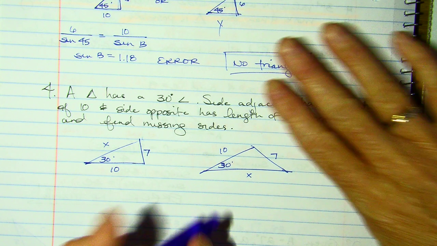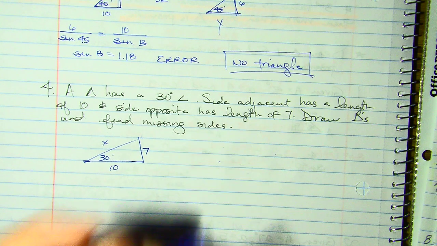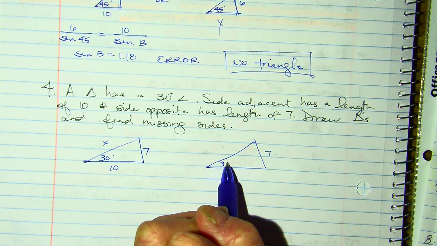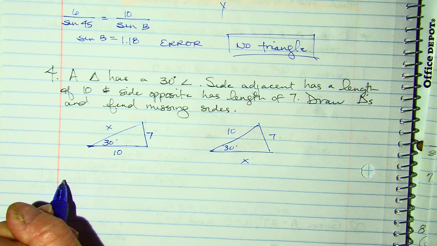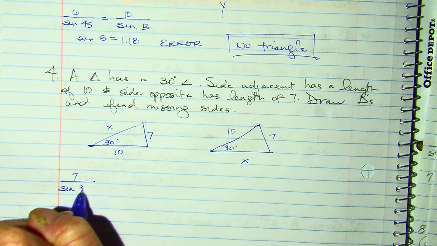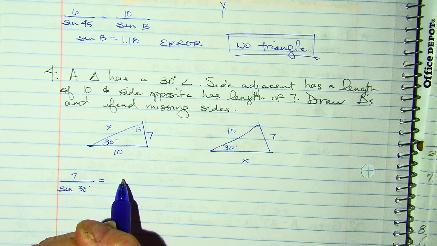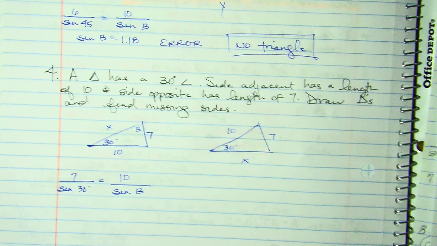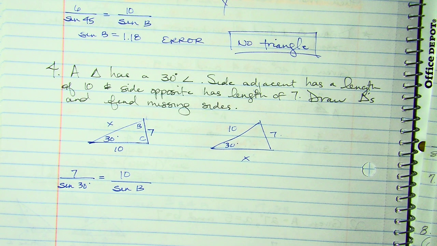Or if it helps you, I could have drawn the exact same triangle if this was 7 and this was 10. What is that side? So two different possibilities. So here we go. For this one, right, 7 over the sine of 30 degrees equals 10 over the sine of B. And then I can find C and X. Okay, you can make whatever letters you want.